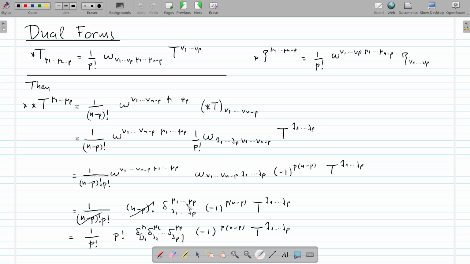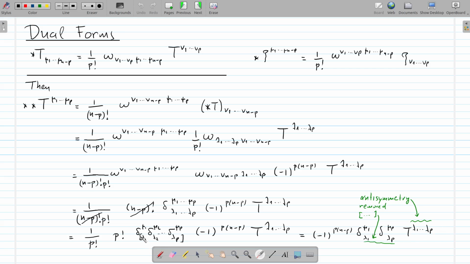So this is a p delta symbol, so there is a p factorial times the antisymmetrized product of deltas, and this is the same as having the products of the delta functions. See here, this p factorial drops out. The sign is put here in front. And here we have the simple product of delta functions because lambda 1 through lambda p are completely antisymmetric.